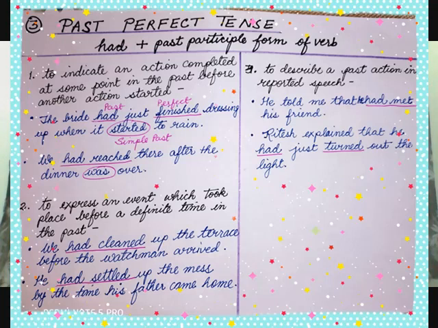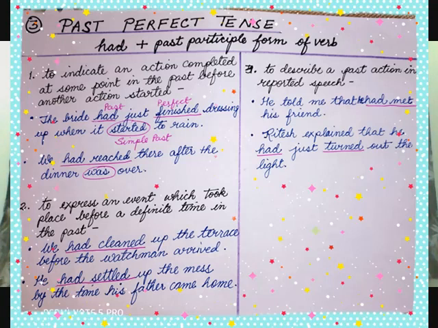Now let's see the usage. The first way to use past perfect tense: it indicates an action completed at some point in the past before another action started. That means one action is completed and at that point one more action started. This you will understand by a couple of examples in front of you.